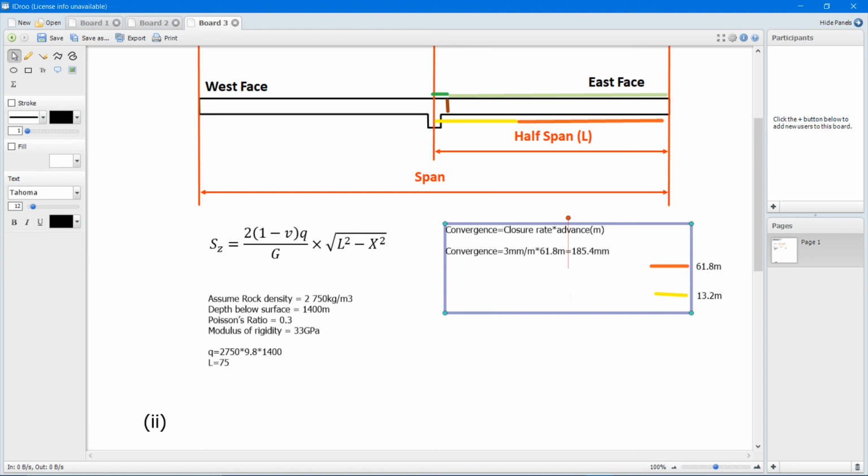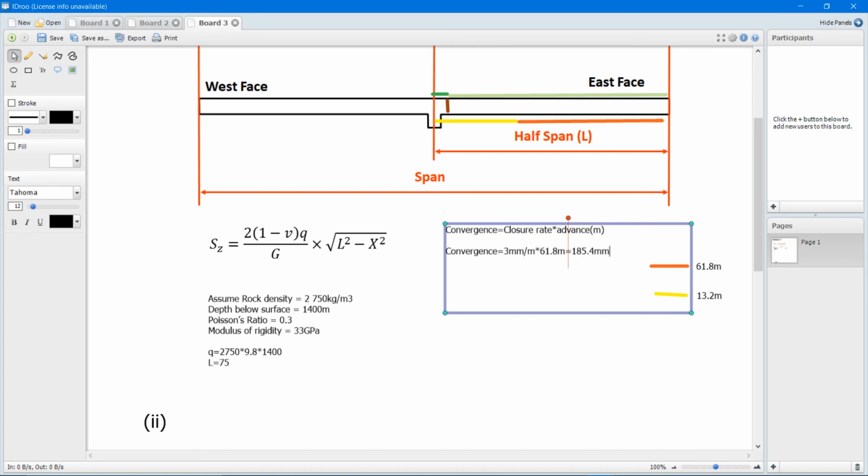So seemingly that seems like way too much, and at that point we have to be asking why it's so big. Well, considering that you've got 61.8 meters, you would have considerably a lot more convergence happening at the same spot, right?